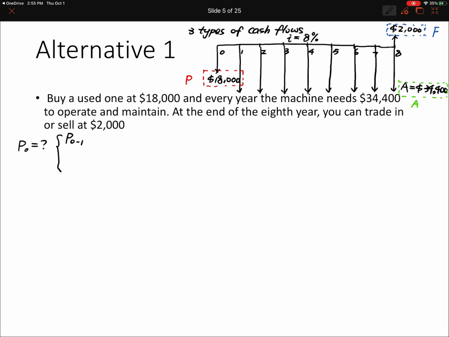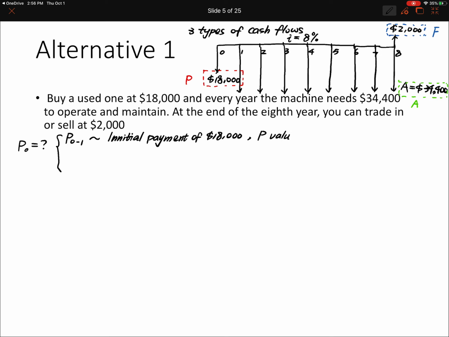Okay, so you can write P01. It means the present value from the first type of cash flow, okay, part 1. And that cash flow is the initial payment of the 18,000, right?